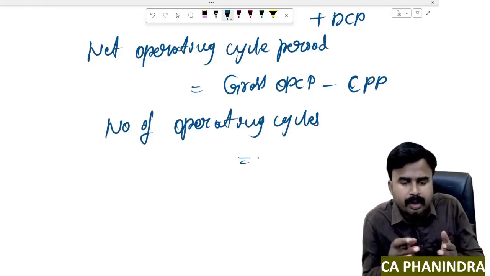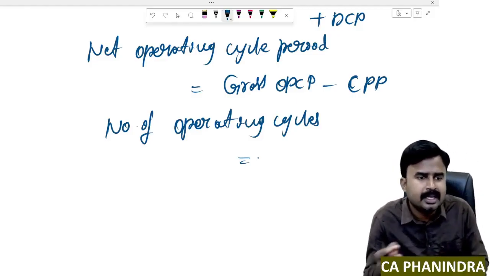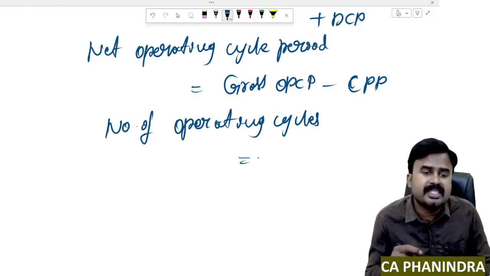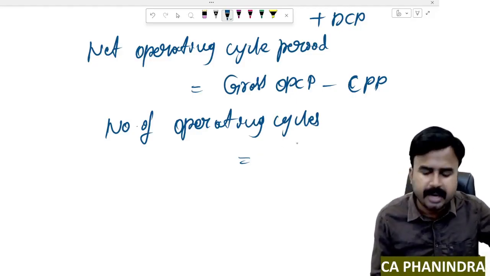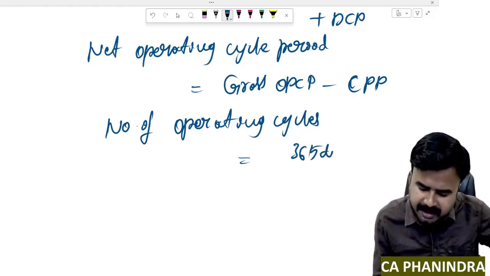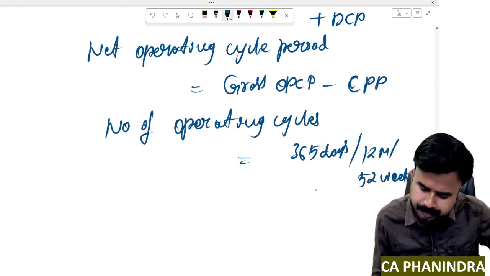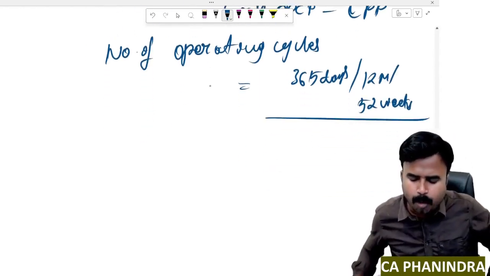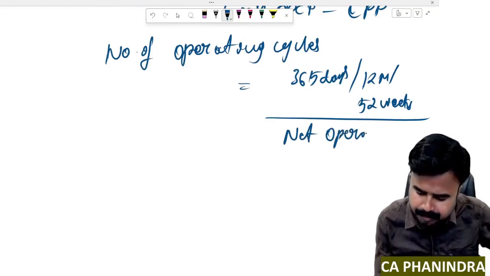For the first cycle we take 180 days, then for the second cycle another 180 days. So within 360 days we can rotate 2 cycles. The formula for number of operating cycles is 365 days or 12 months or 52 weeks divided by net operating cycle period.